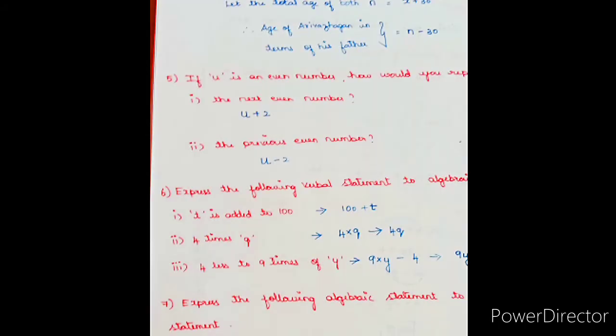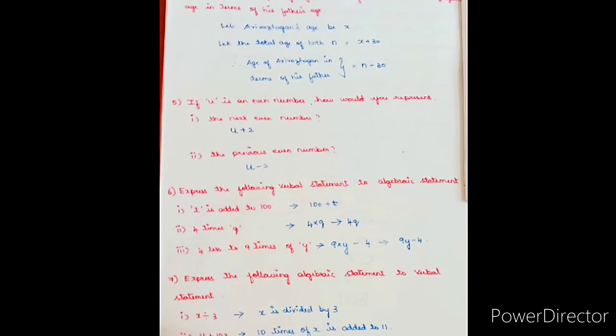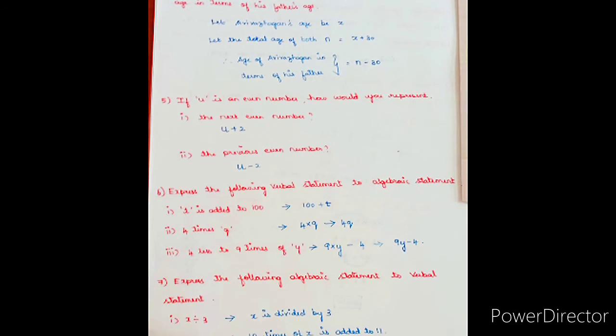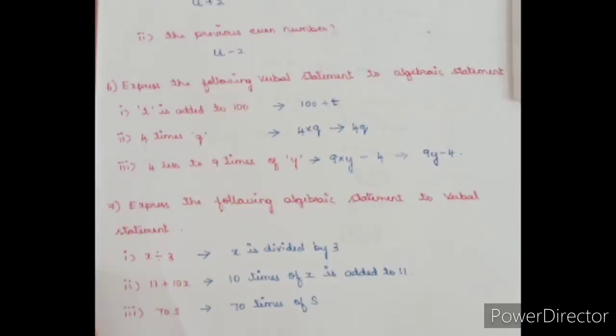See the next question, 6th question. Express the following verbal statement to algebraic statement. I just want to tell you something. You should not stick to the questions given in the exercise. For example, in exercise 2.1, we have some 3 sums alone, like converting verbal into algebraic or algebraic to verbal. 3 sums have been given in each Roman letter.